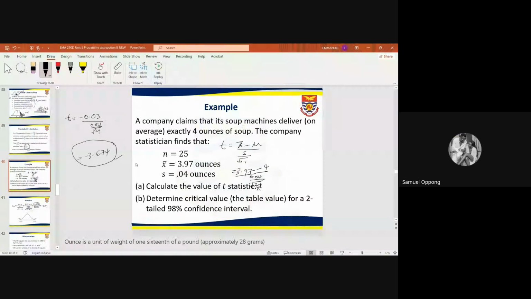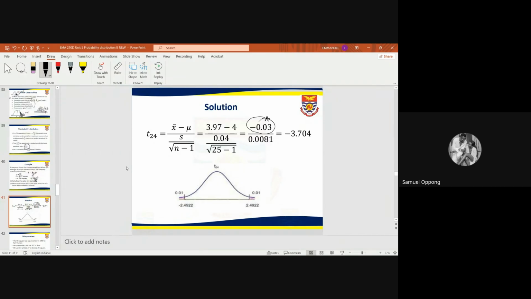Let's say negative 3.674. Okay, yes, that's correct.